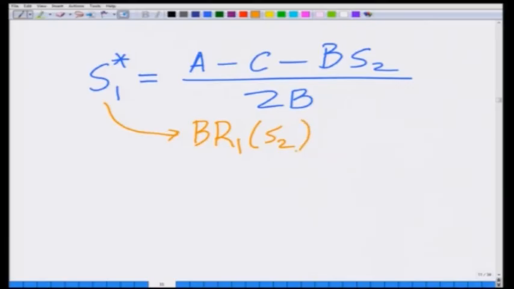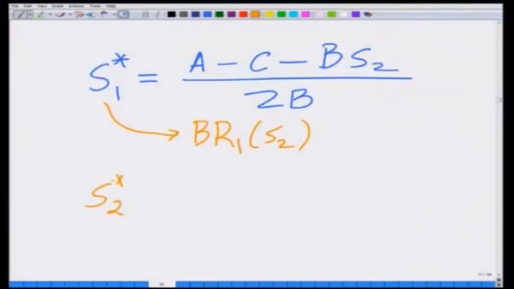This is S1 star, which is the best response quantity of firm 1 to be produced in response to the quantity S2 produced by firm 2. And how did we find it? We found it by differentiating the payoff function and equating to 0 to find the S1 star where the payoff is maximized, and therefore, this is indeed the best response.